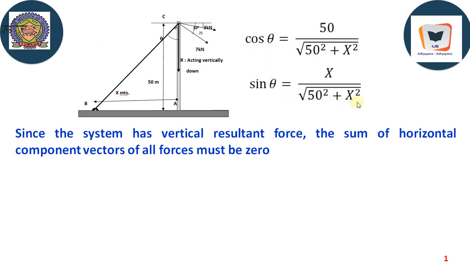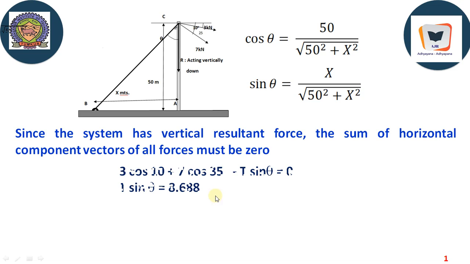Here the unknowns are theta as well as x. Since the system has a vertical resultant force, the sum of the horizontal components of all the forces must be 0. So 3 cos 10, where the inclination is 10, acting rightwards due to this cable, plus 7 cos 35, since 25 plus 10 is 35, minus T sin theta.